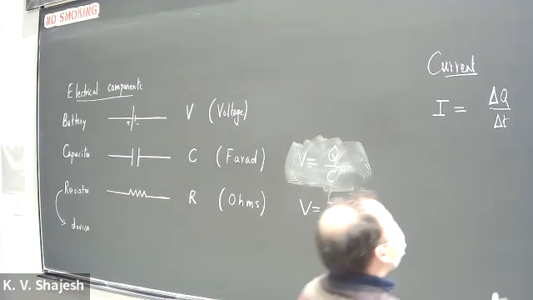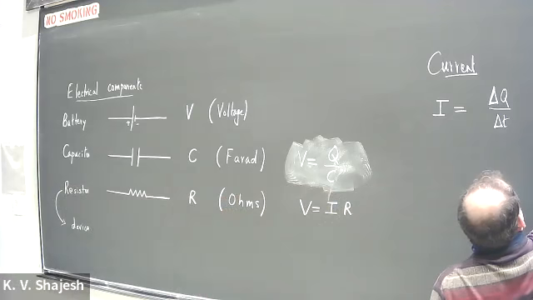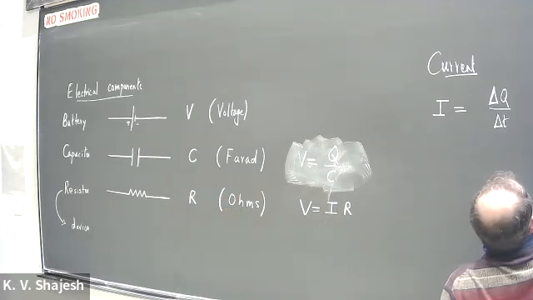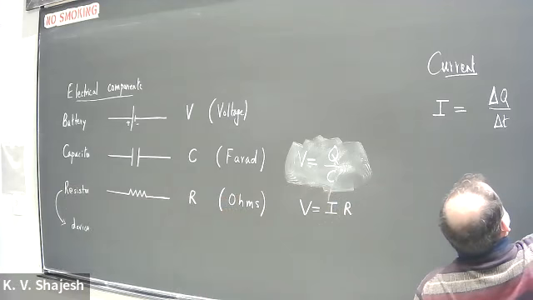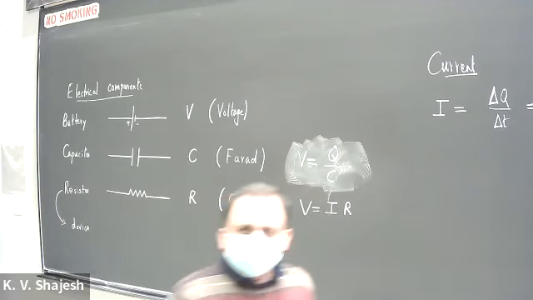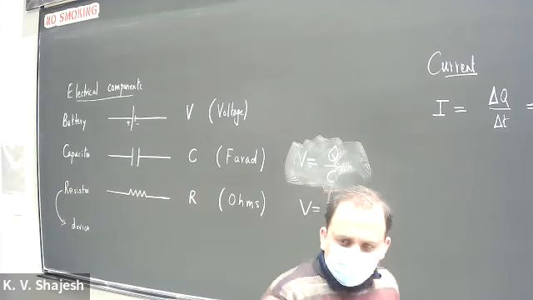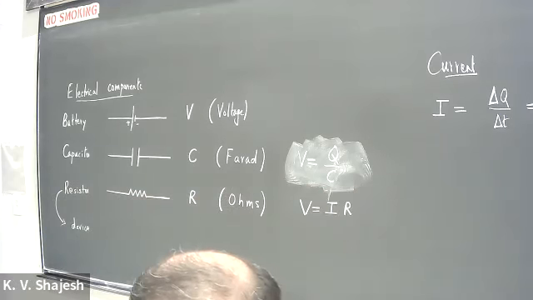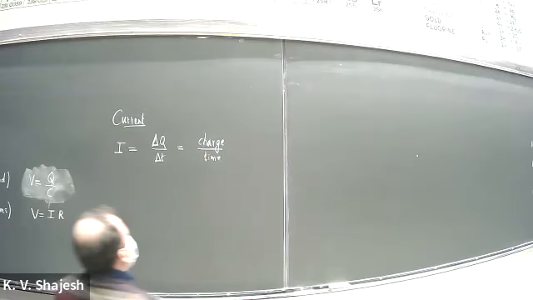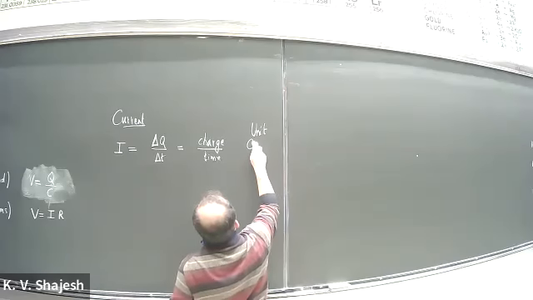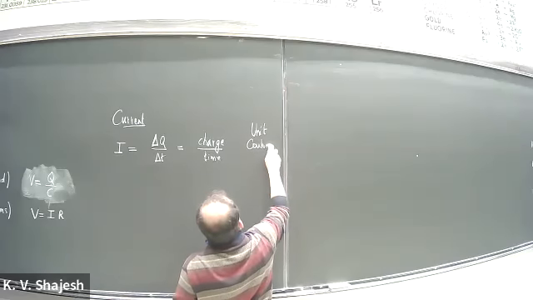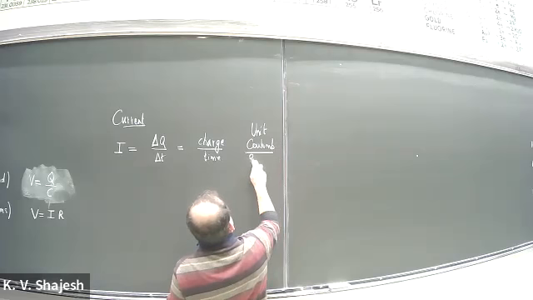So current is charge per unit time. Sorry, per unit time. So the unit would be coulomb per second.